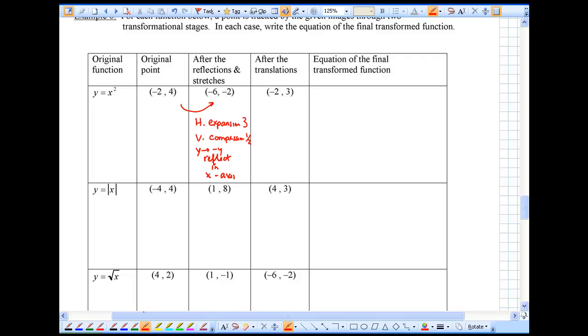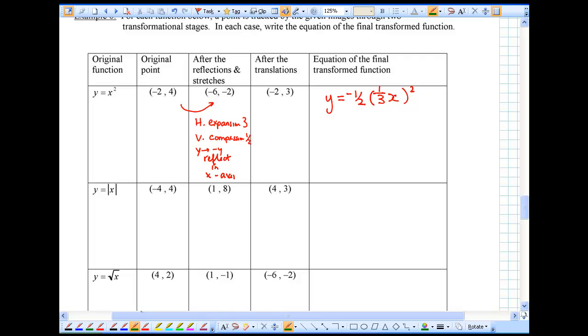So look at all that stuff. That stuff already gives me this: 1/2 bracket 1/3 x all squared. There's a reflection in the x-axis, so that becomes negative. Okay.